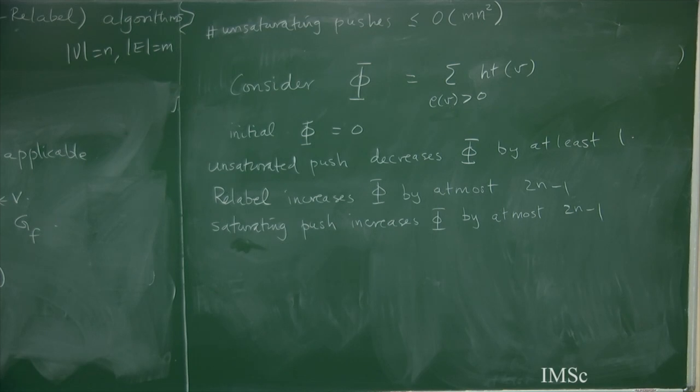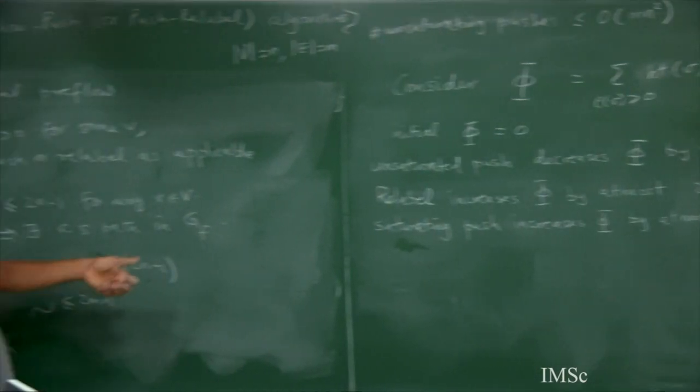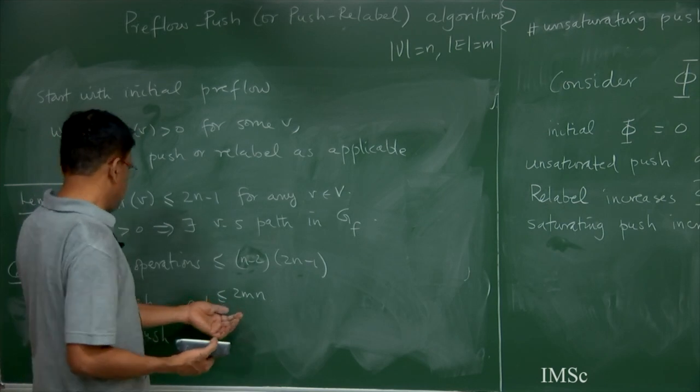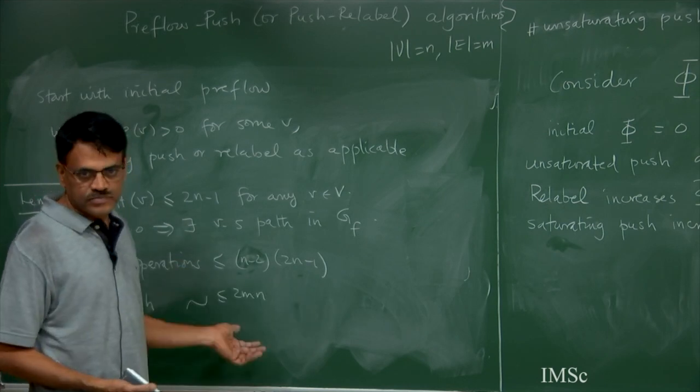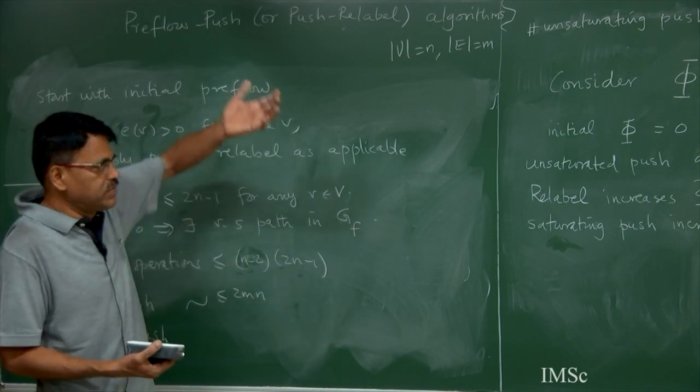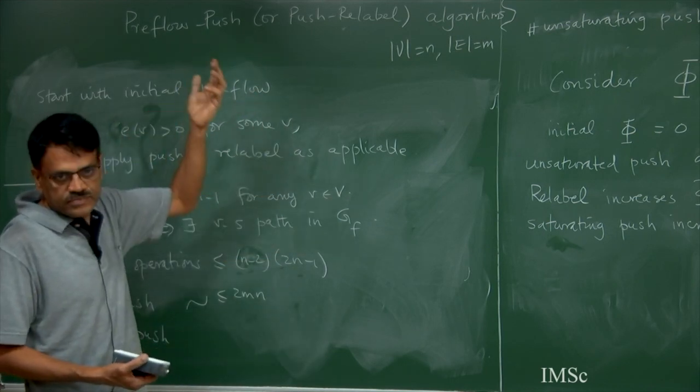So the maximum value of phi can be the number of relabels times 2n plus the number of saturating pushes times 2n, right? So it's like mn square plus n cubed. That is the maximum value phi can get.